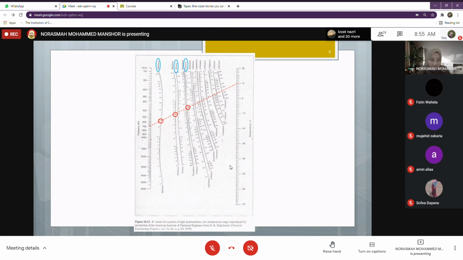Around here, bawah sikit. You make a straight line dekat P 1380 and temperature 10 degree C. And then the intersection yang dekat scale tengah-tengah for each species ni, you read value K. Boleh tak? Okay. Faham. Terima kasih Madam.